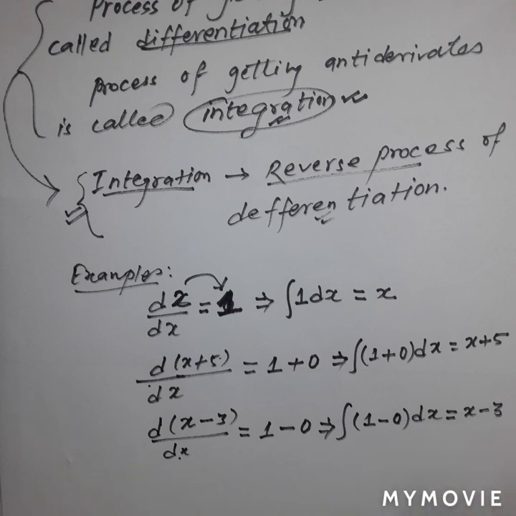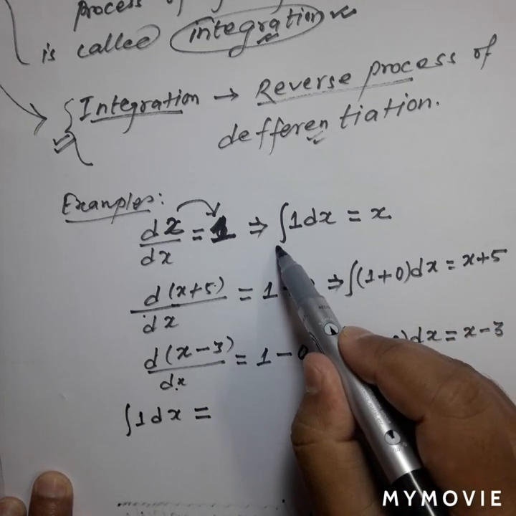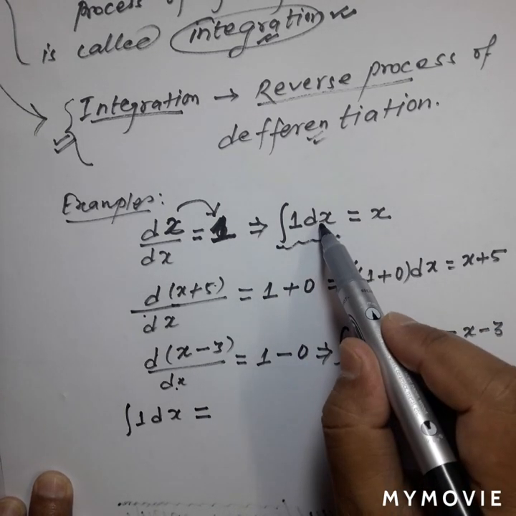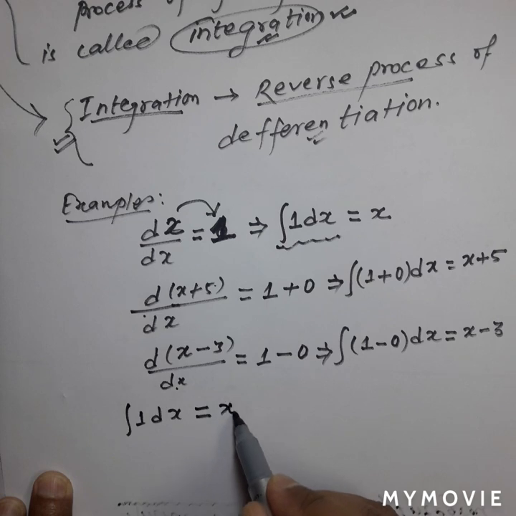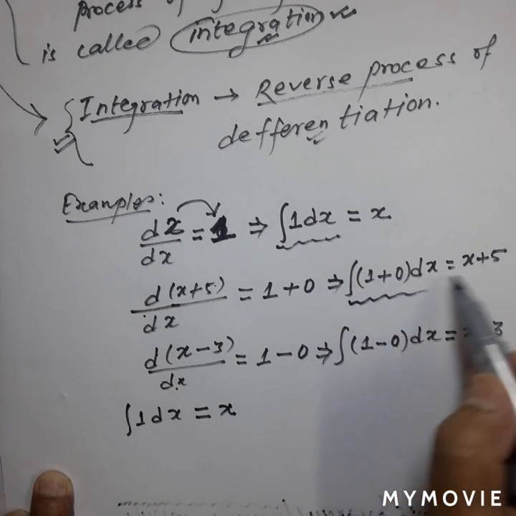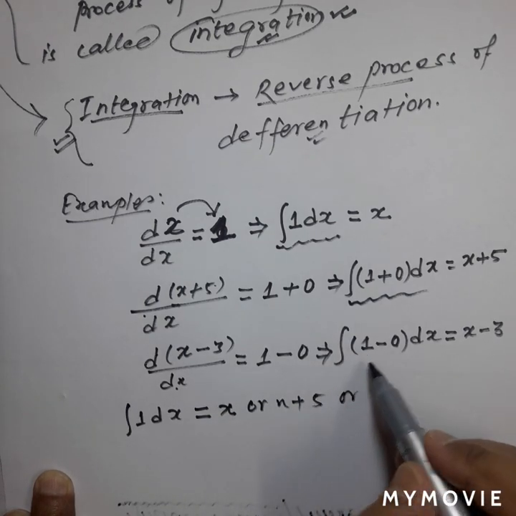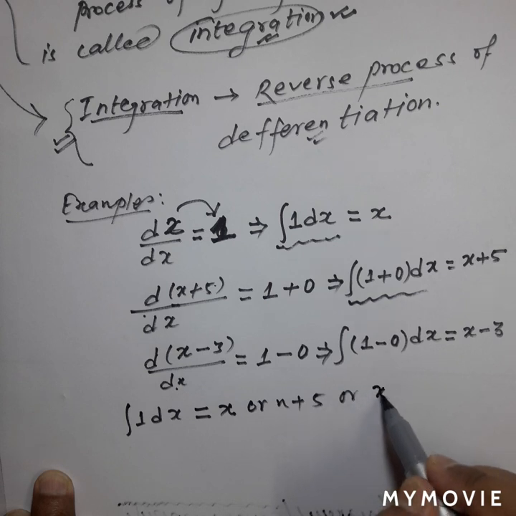Now students, from these examples we got antiderivative of 1 with respect to x is x. This is also antiderivative of 1 plus 0, x plus 5, or this is also antiderivative of 1 with respect to dx, x minus 3.